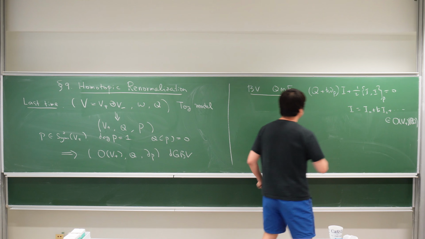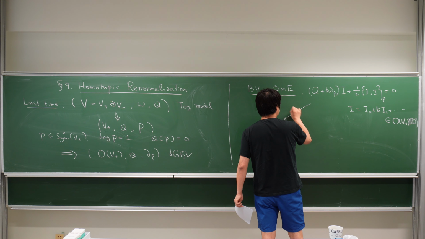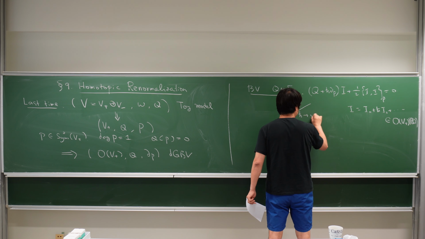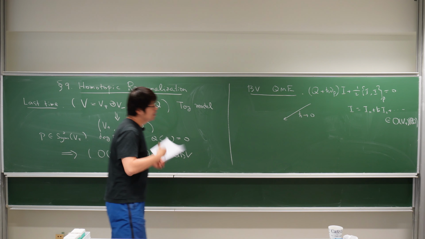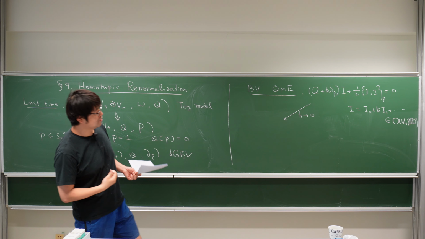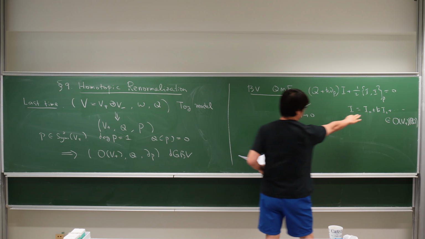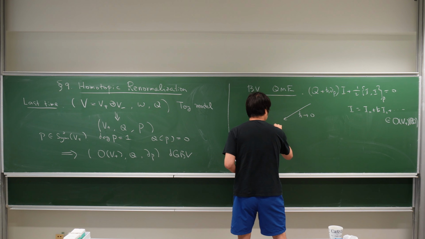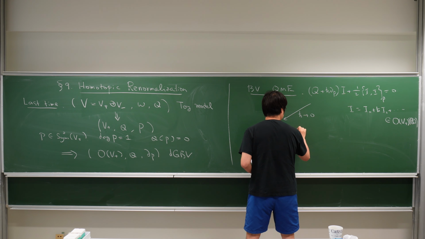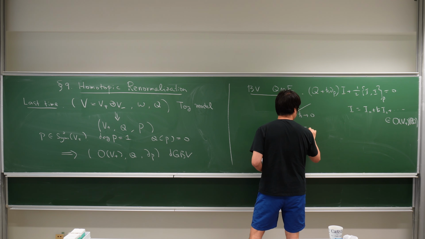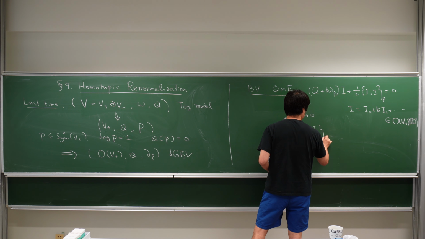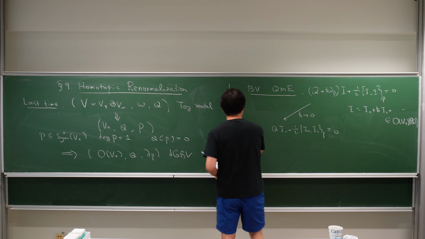If we send h bar to 0 in the classical limit, this equation becomes the first order, leading term equation. This is the BV classical master equation.